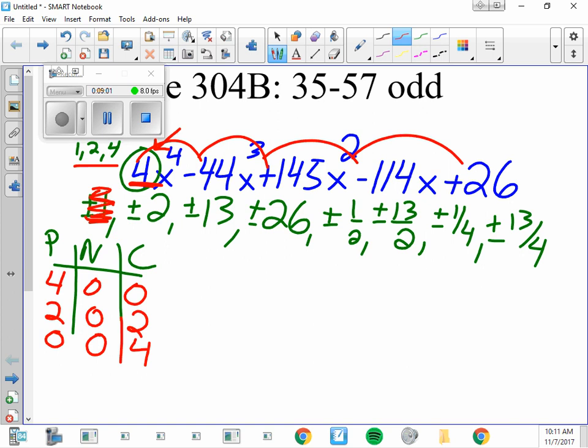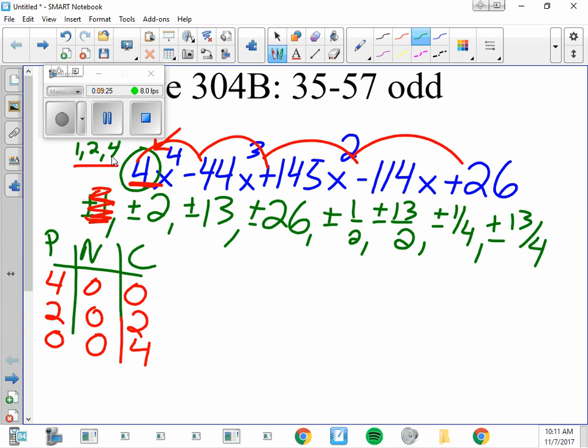The more factors the leading coefficient has, the more likely you are to have fractions. We could have 2 fractions divided by 2, or 1 fraction divided by 4. But they might be imaginary fractions. So as far as real numbers go, we could only have up to 2.